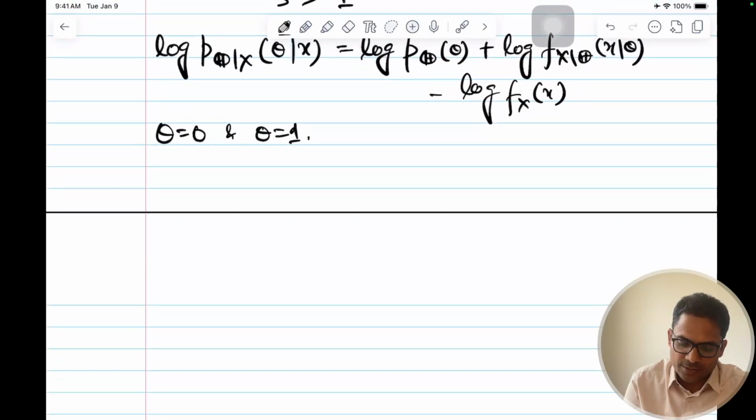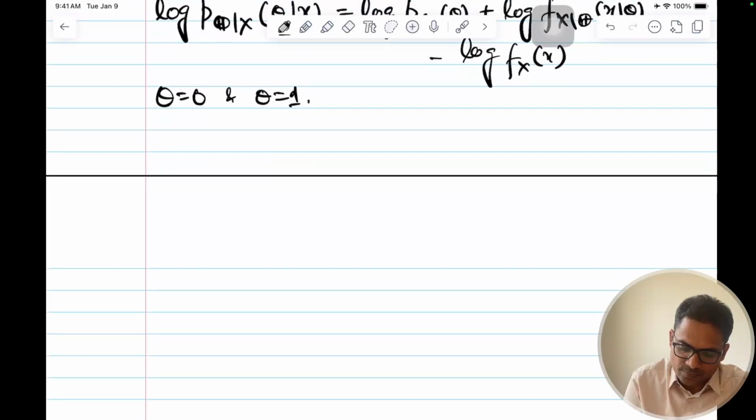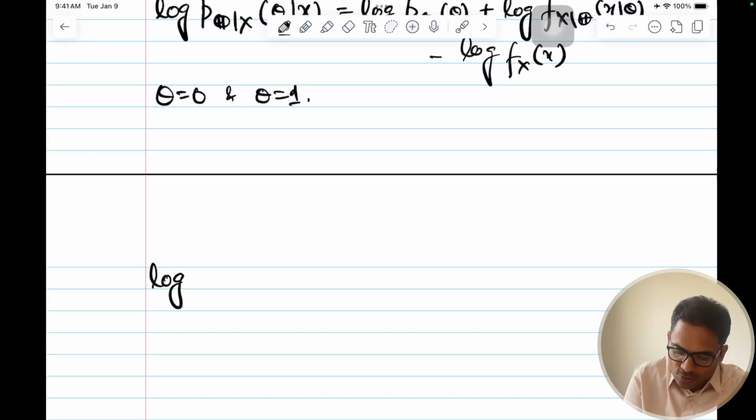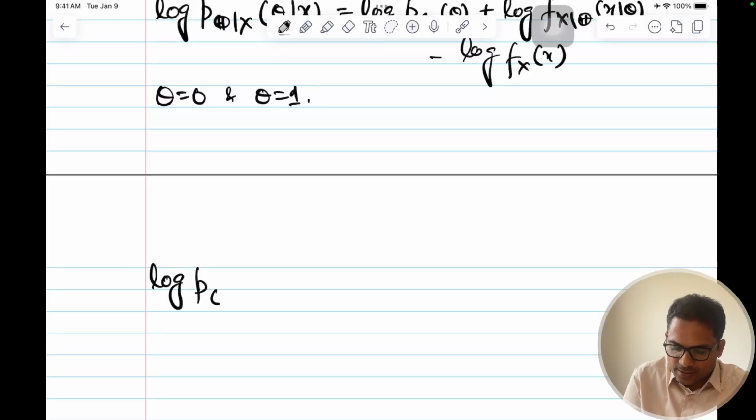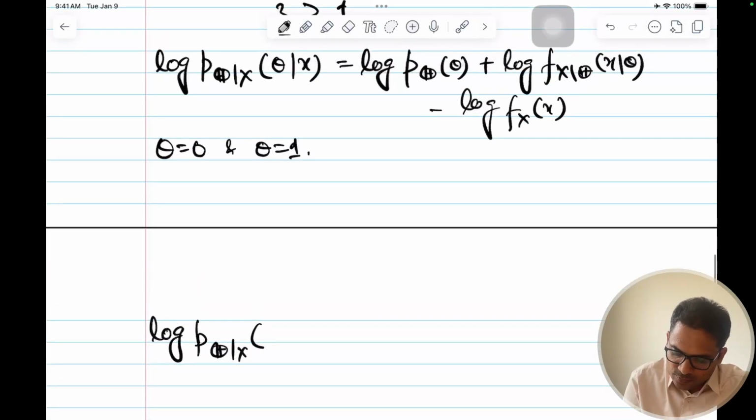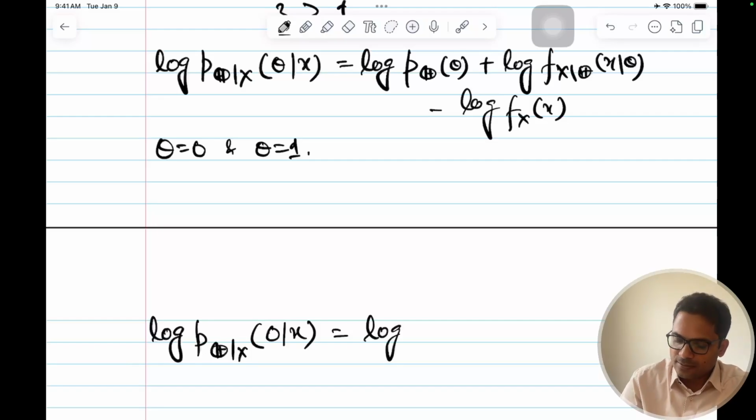Okay, so let's evaluate. Log of probability of theta given x, and let's put 0 first. So log of p(theta = 0) plus log of the distribution.